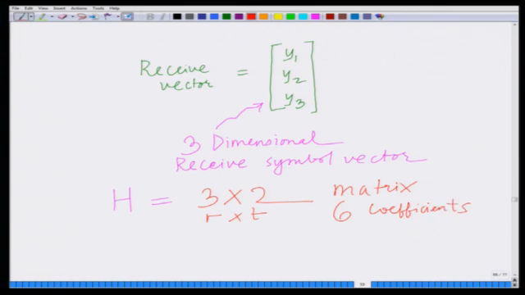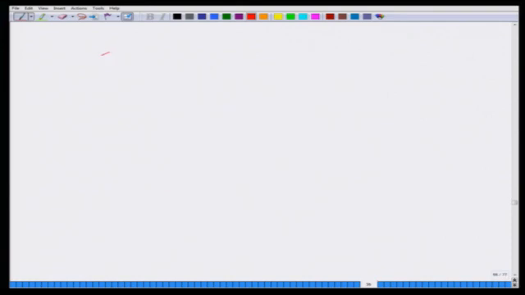channel coefficients. Therefore, I can write this system now as follows.